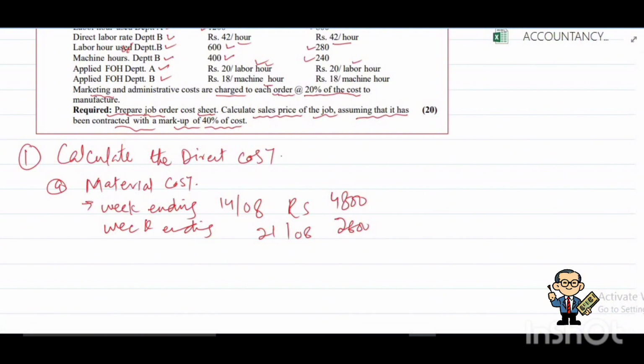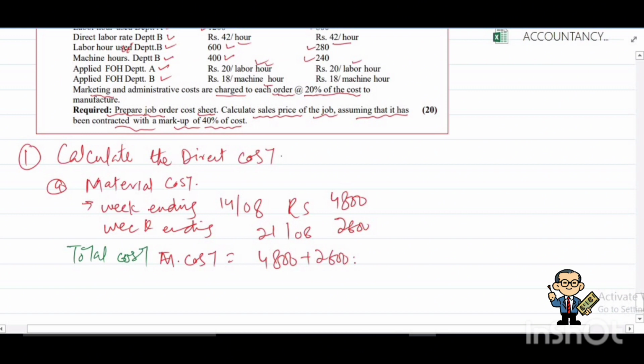Okay, let me change the marker first. Here let me write another one. So the total cost will be, if you add up, this is the total material cost, so don't be confused with that. 4800 plus 2600, so how much?